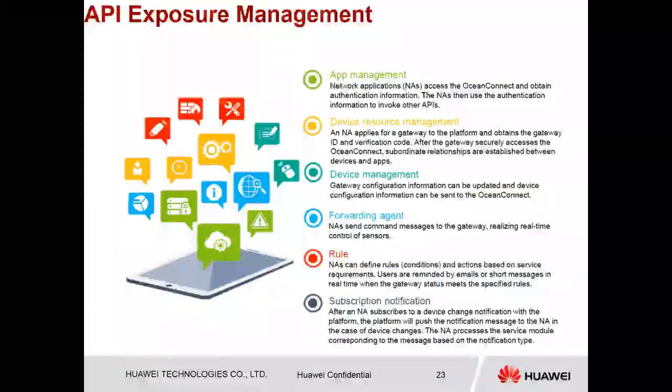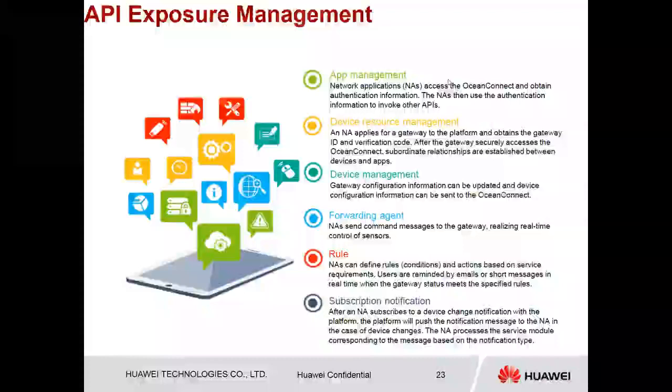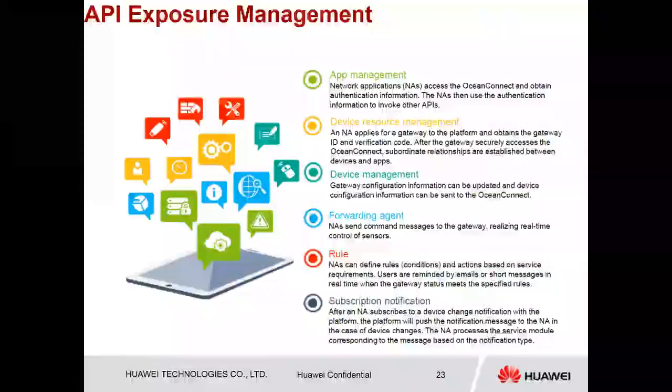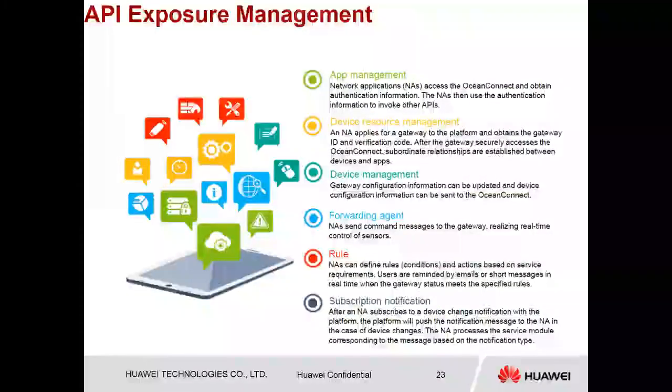First is app management, because our platform can support connecting to services, and we call these services network applications. So the network applications are services, and when we connect them, we need authentication.